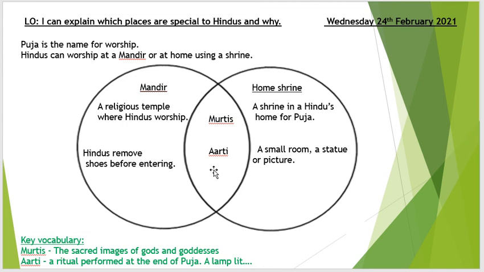So if you find yourself running out of room, don't be afraid to do the same as what I've done here. Just do a short explanation underneath your Venn diagram. Okay, year 5 and 6. So hopefully when you finish, you'll have your learning objective and the date at the top. You'll have 2 sentences and you'll have your Venn diagram, possibly a key vocabulary area.